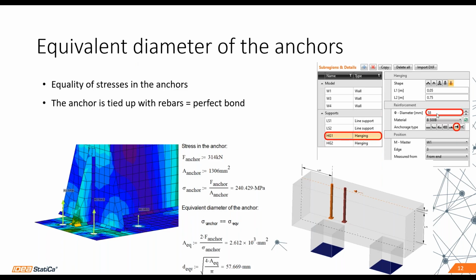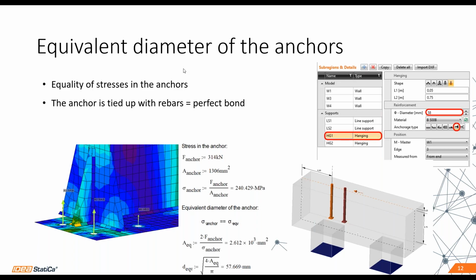As you can see, the diameter is 58, and we consider that the anchors will be tied up with the rebars, so we can use the perfect bond at the end of the rebar. It means that it's tied up with the reinforcement rebars. These are some assumptions which are used for the analysis.